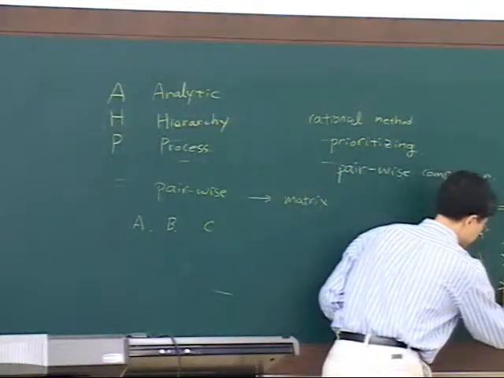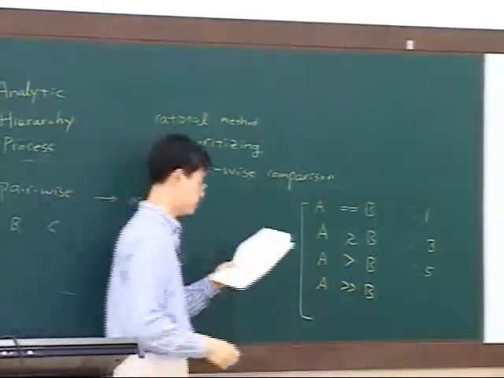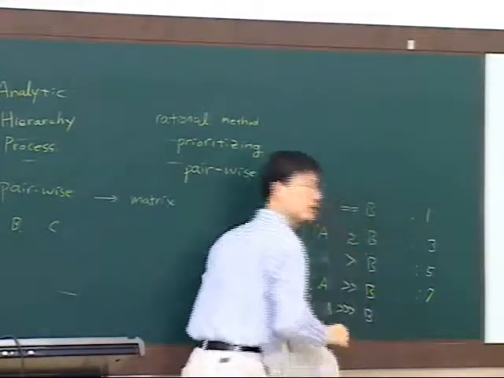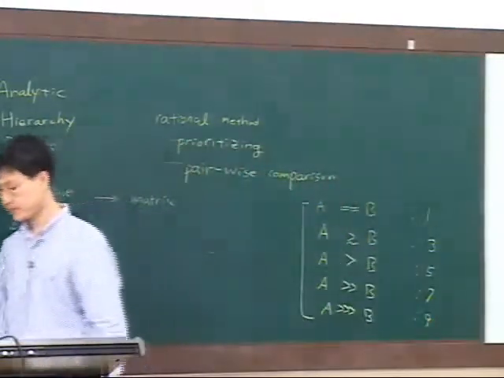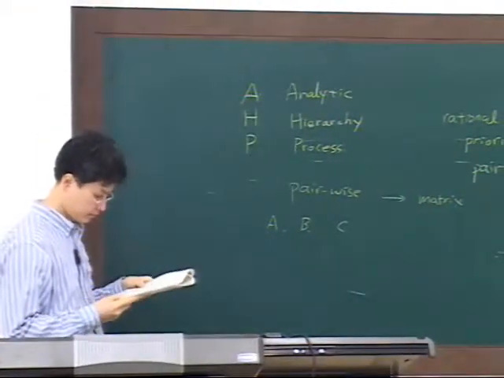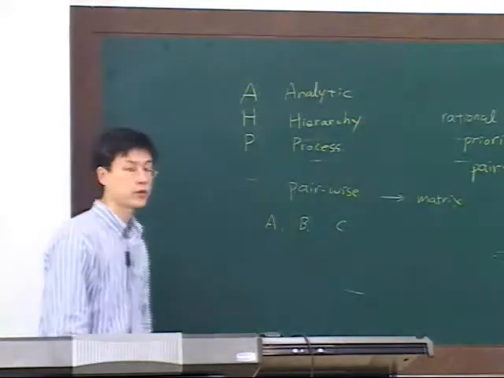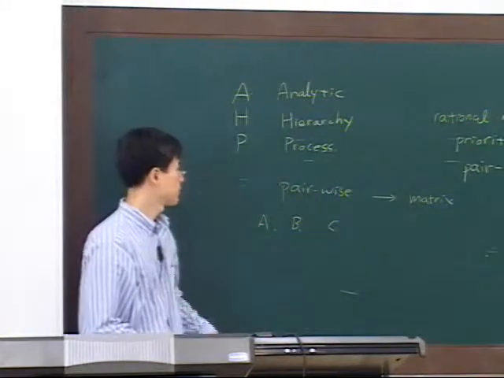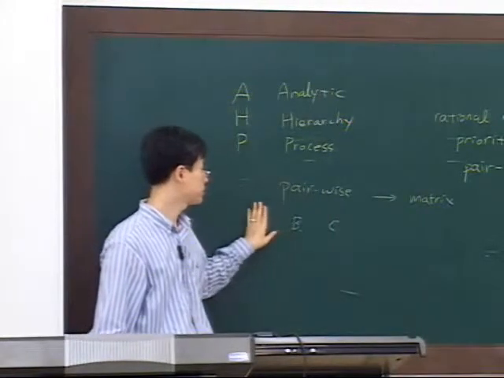If A is strongly more important than B, 7. If A is absolutely more important than B, assign a value of 9. So the idea is to do this comparison: A and B, compare it. AC, compare it. BC, compare it.